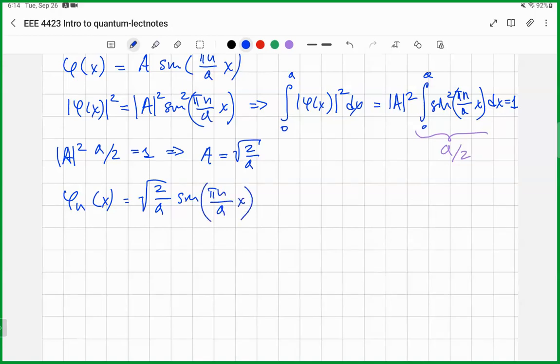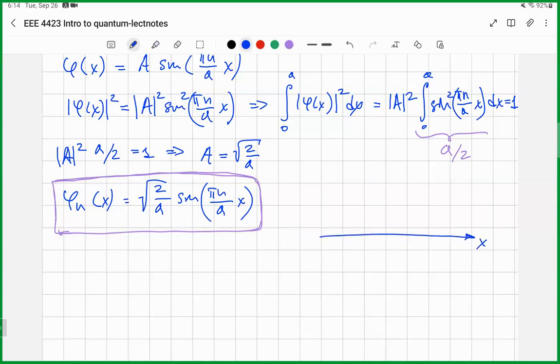Okay, so this is the probability amplitude for the particle inside of this quantum well, and we can even draw the probability distribution inside of this quantum well. Right. So it's 0. This is a.